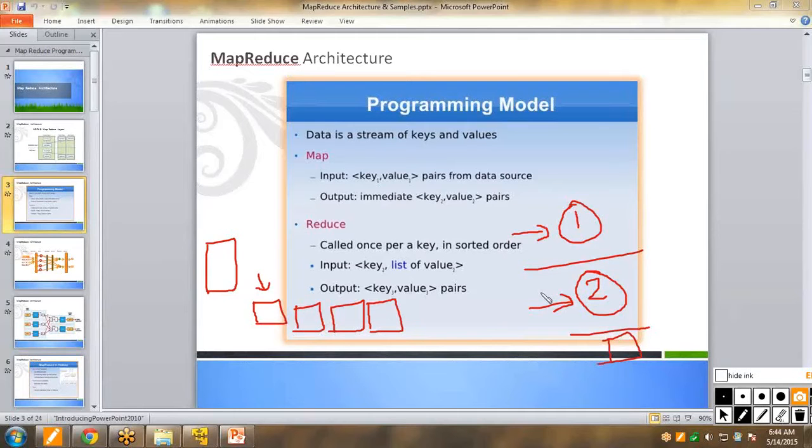Primary key in the database world has a different meaning. It's a unique key across all the data set. Whereas in the MapReduce world, key is just an identifier. It need not be a unique one. Are you getting the point here? Key is an identifier, but doesn't necessarily have to be unique.